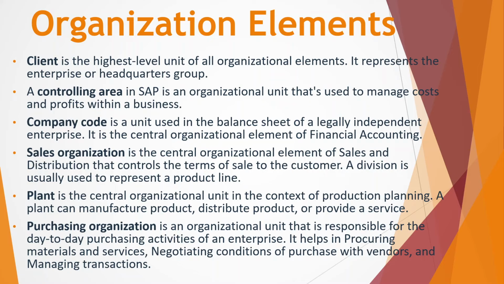Now controlling area. Again, this is an organizational unit that is used to manage your management accounting, or cost or profits of the organization or the business or the company, whatever you call it. Then comes your company code.